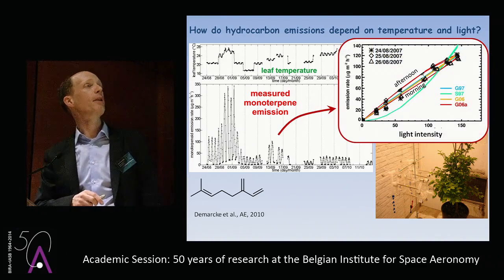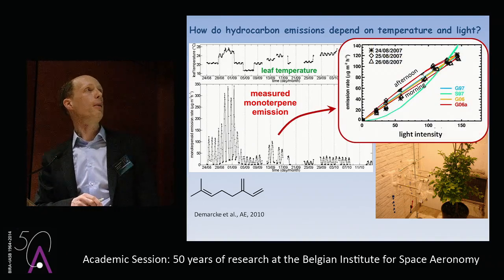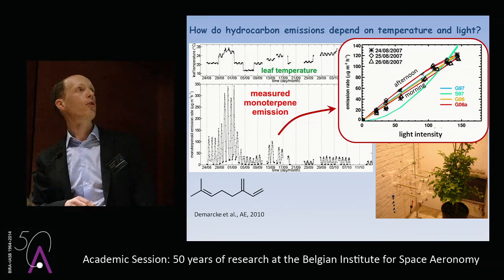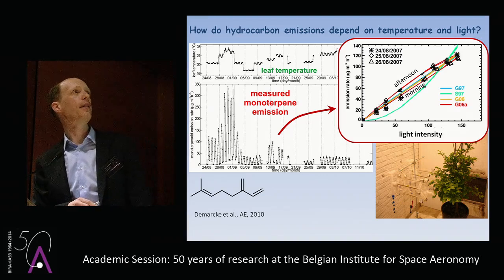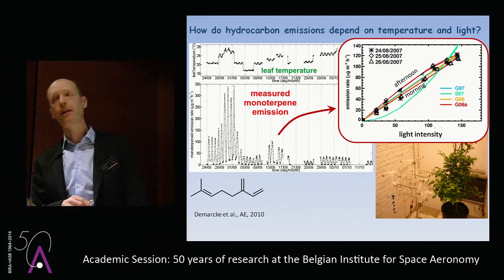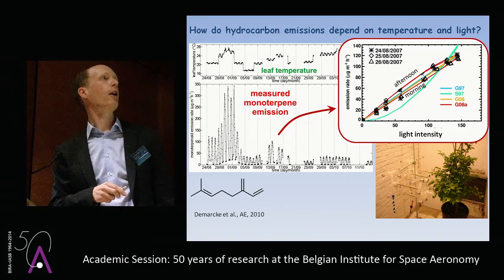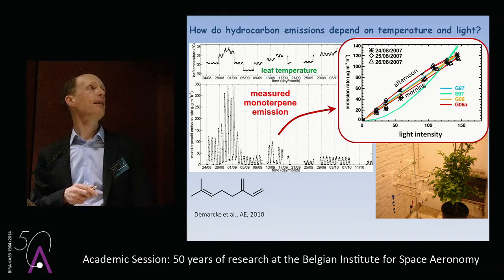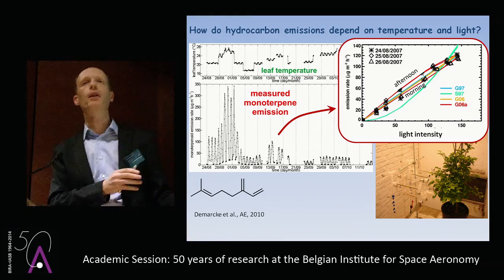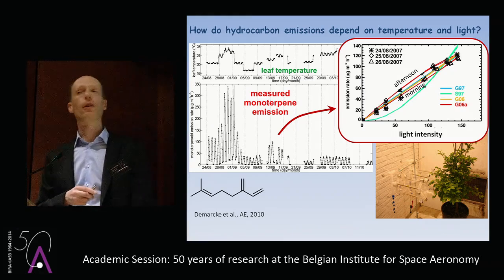You have those measurements and you have different models. I will not go into the details, but those models do quite fine, but they do not represent the fact that the emissions in the afternoon are seen to be somewhat higher than in the morning. And we interpret that as an effect of the history of temperature and light on the emissions.